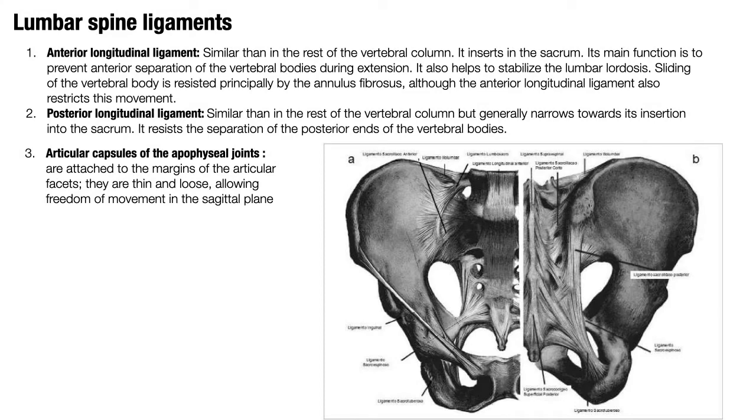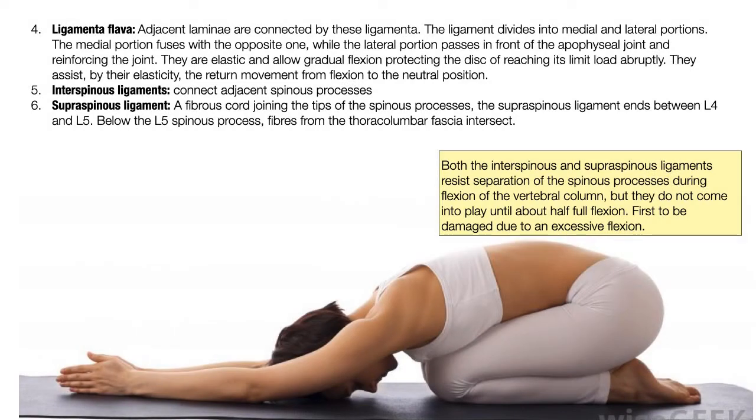Regarding the ligaments attaching the lumbar vertebra, they are similar to the ones mentioned before. So we have the anterior and posterior longitudinal ligaments that will finally insert in the sacrum. We have the articular capsules of the zygapophyseal joints. We have the ligamentum flava, the interspinous ligaments, and the supraspinous ligaments.